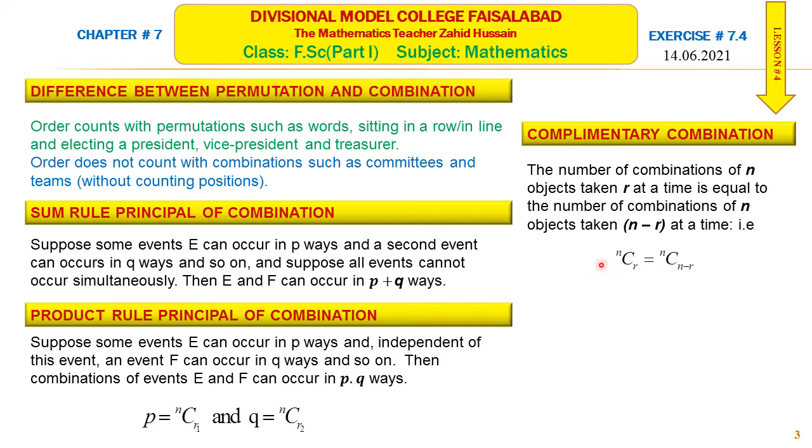So this is also important from the examination point of view. If there is 5 and there is 3, then the combination of 5 objects taken 3 at a time is equal to the combination of 5 objects taken 5 minus 3, that is 2, at a time.